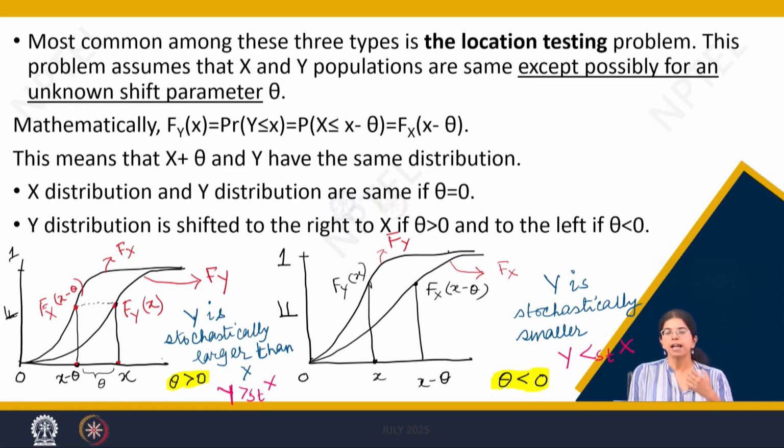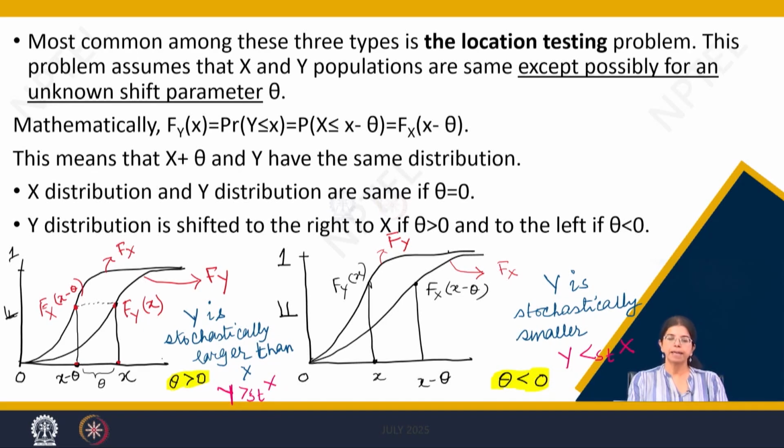So mathematically, how to interpret this concept? Just check that Fy(x) is equal to probability Y less than or equal to small x, where small x is the value taken by the random variable capital Y, and that is equal to probability X less than or equal to small x minus theta.